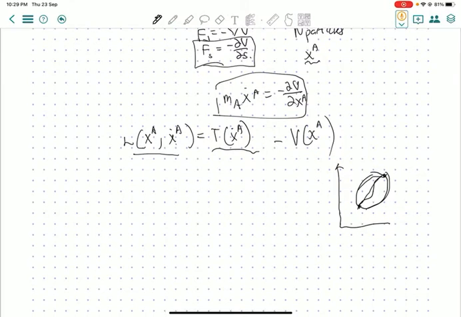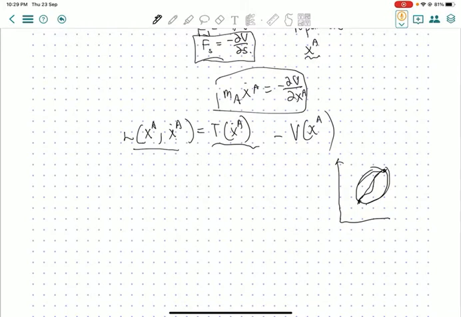So there is only one path taken by the system, and this path actually is the extremum of the action.